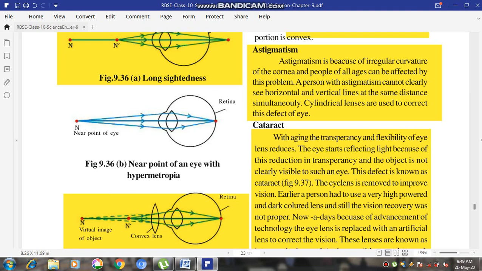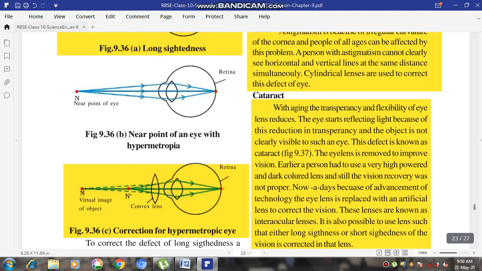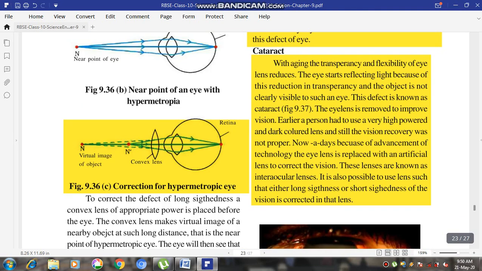A person with astigmatism cannot clearly see horizontal and vertical lines because of the defect in the cornea. So we use cylindrical lenses to correct the defect of the eye.